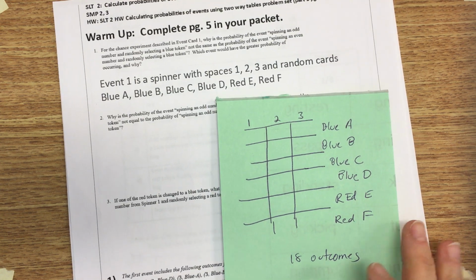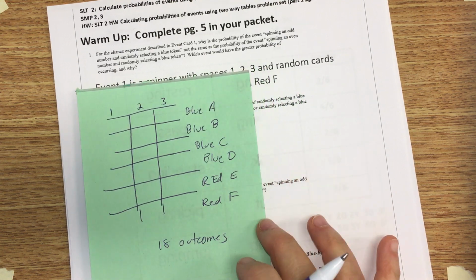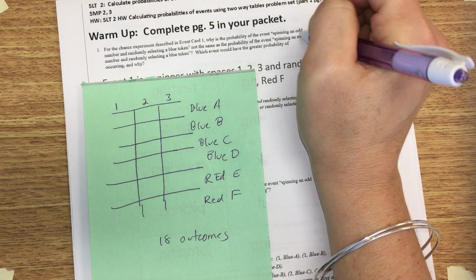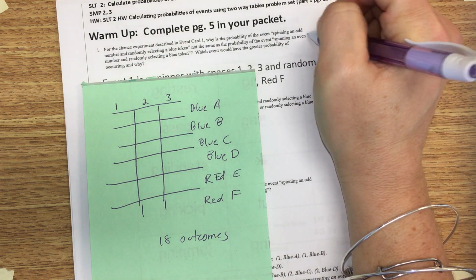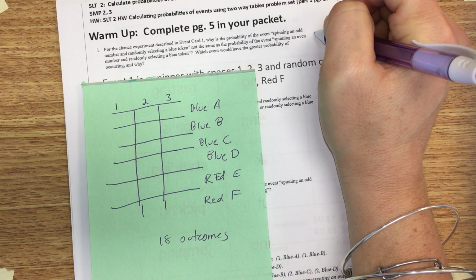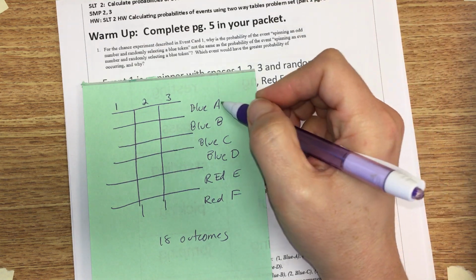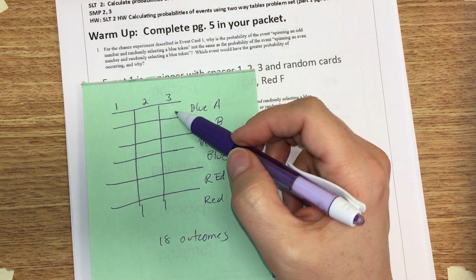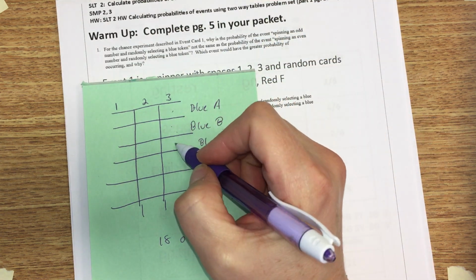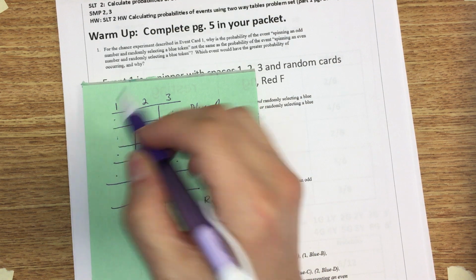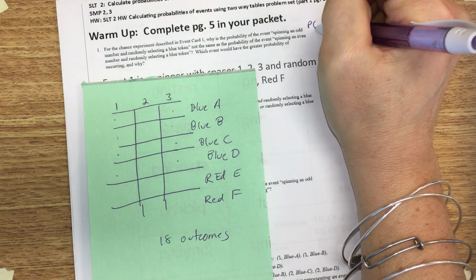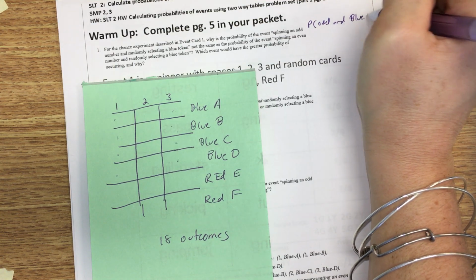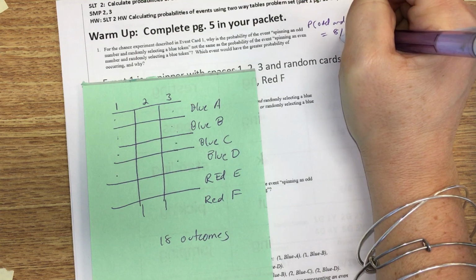outcomes, all right? And it says, for a chance experiment, why is the probability of spinning an odd number and randomly selecting a blue token the same as the probability of spinning an even number and randomly selecting a blue token? Well, there are 4 blue tokens. I've got 8 outcomes, 1, 2, 3, 4, 5, 6, 7, 8 ways I can do odd and blue out of 18.